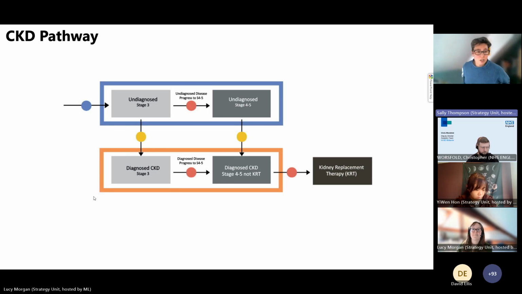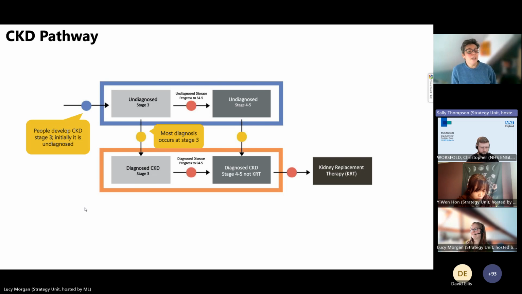So Lucy, if you just advance on a bit. So people will join this system coming in undiagnosed stage 3. There we go. And then most diagnosis occurs at stage 3. So you could drop down to the diagnosed stages in the bottom row. However, some people will remain undiagnosed while their disease worsens.